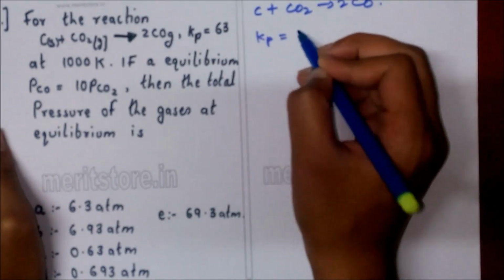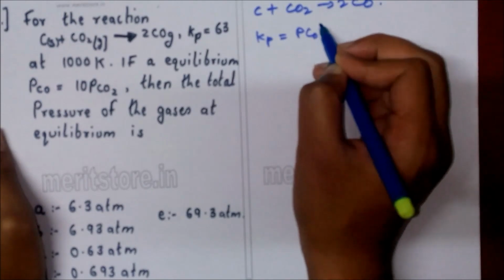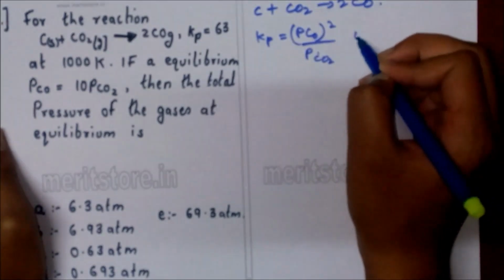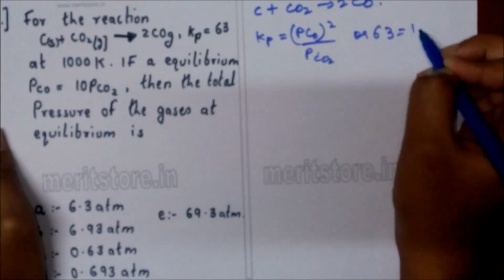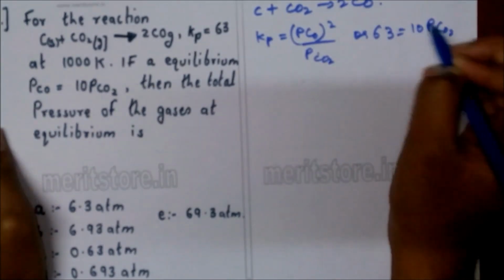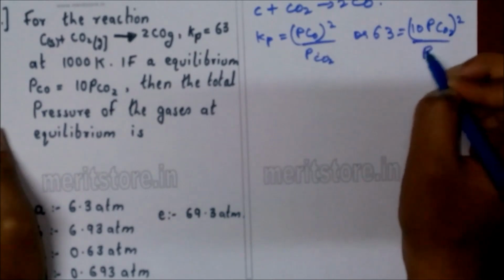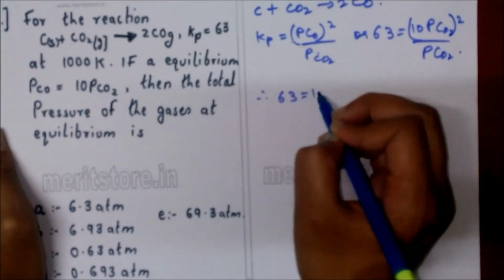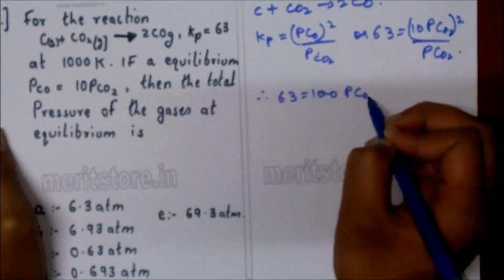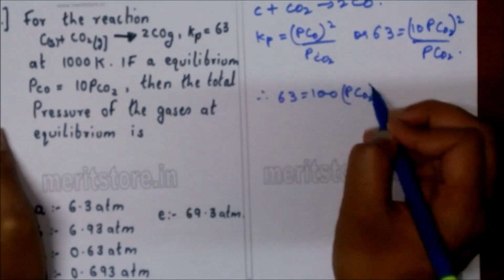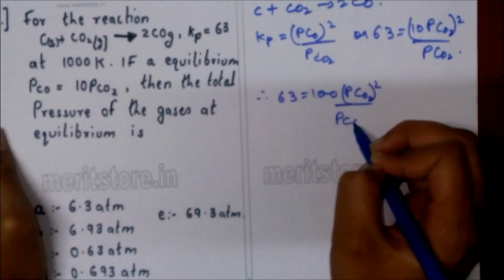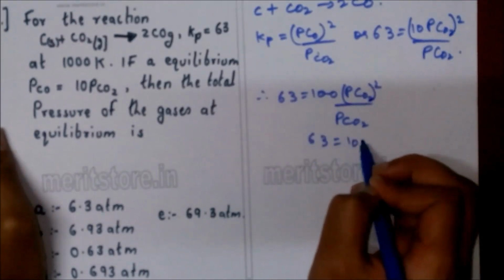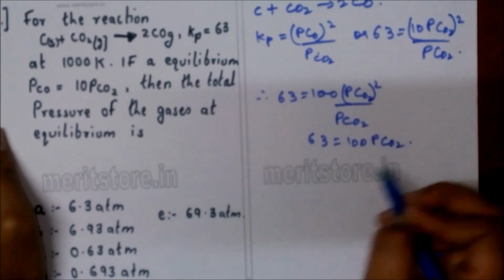From that we'll get Kp = PCO^2 upon PCO2, or 63 is equal to (10 PCO2)^2 upon PCO2. Therefore 63 is equal to 100 PCO2^2 upon PCO2, or 63 is equal to 100 into PCO2.